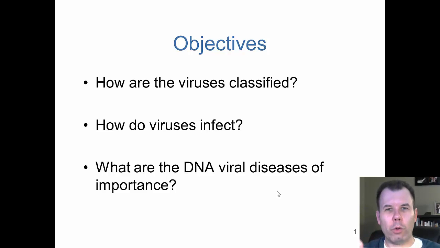But primarily, most of this lecture is going to be on the different herpes viruses, and there's more than just the two. And you may not have realized this, but chickenpox is a herpes virus. So probably 95 to 99% of us have at least one, maybe even more than one herpes virus inside of us. And when we get those, they stay with us the rest of our lives.